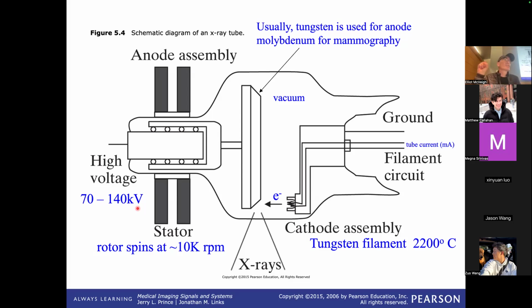So if you write down the energy equation of something flying through, the energy unit is an electron volt or kilo electron volt, okay? So that's what the energy of the electron has when it hits the target. Not all of that energy will come out as a 140 keV photon, right? But we'll see there's an interaction in there that produces some stuff.